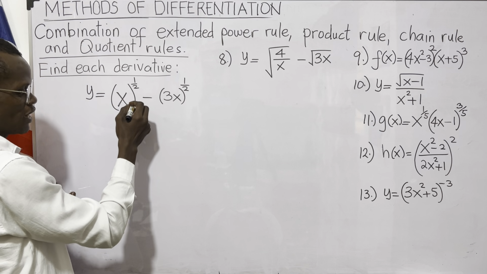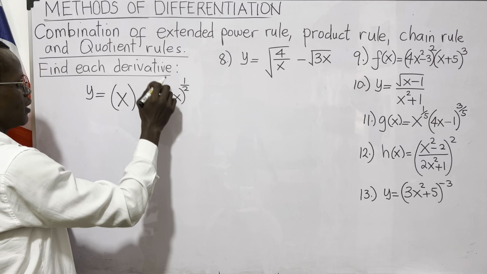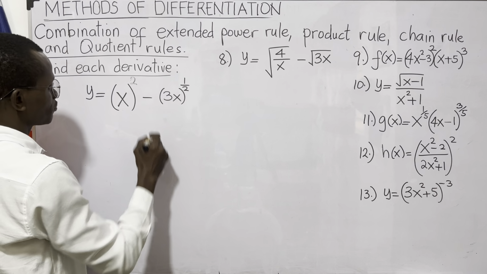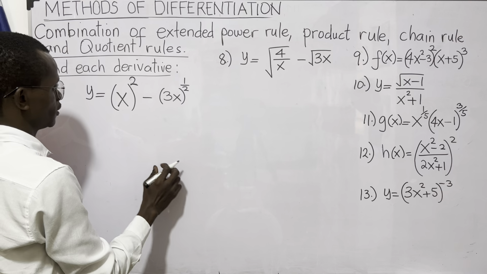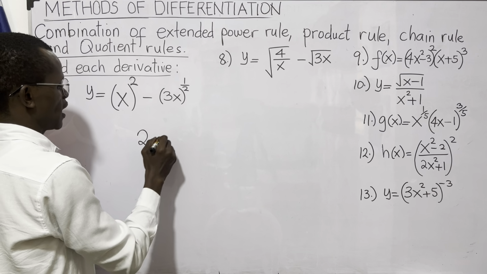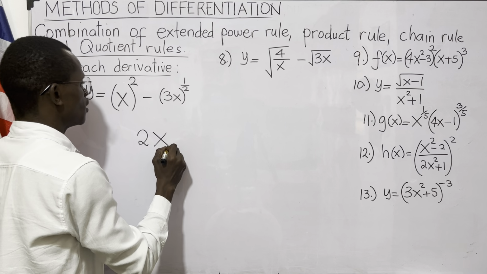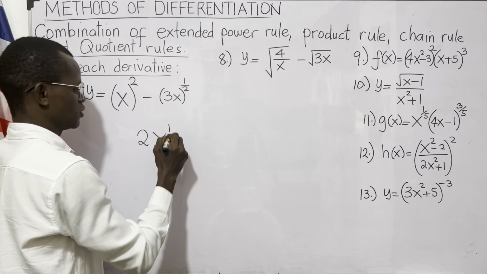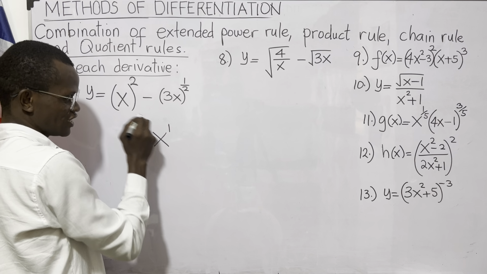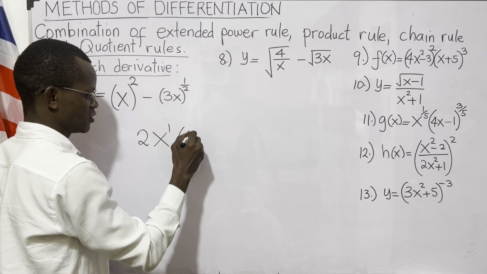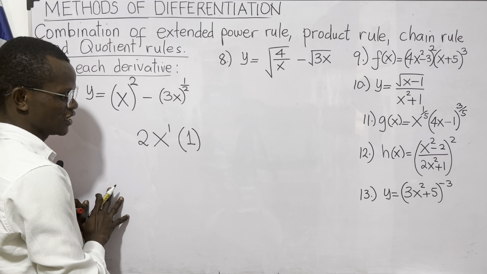Assuming that you have x raised to the second power, we drop this 2, right? And we rewrite this x, we subtract 1 from this power, it's 1. Then we differentiate inside. The derivative of x is 1. So you see that?